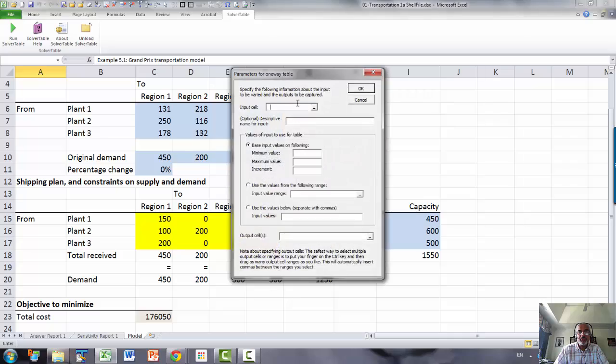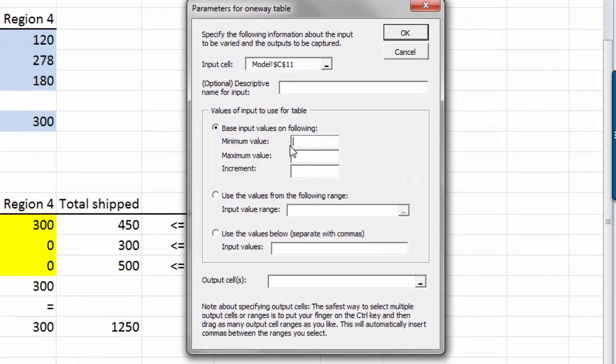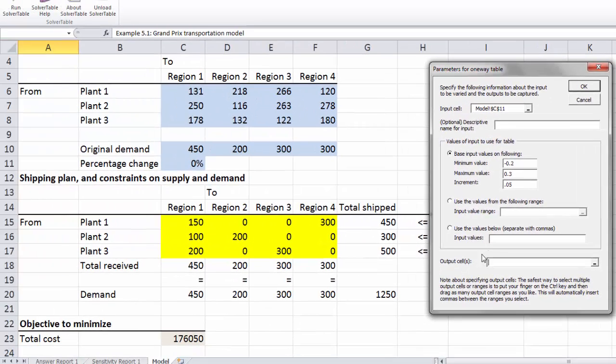We're going to do a one-way table on percentage change, and we're going to use minus 20%, so that will be minus 0.2, to a maximum value of 30%, that will be plus 0.3, in increments of 5%, so that will be 0.05. And we will request only the total cost as the output.